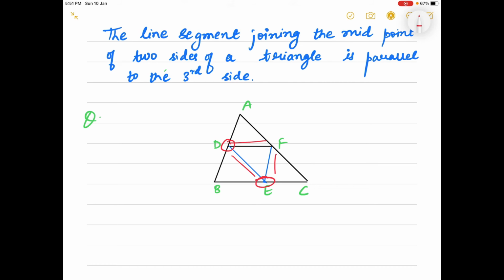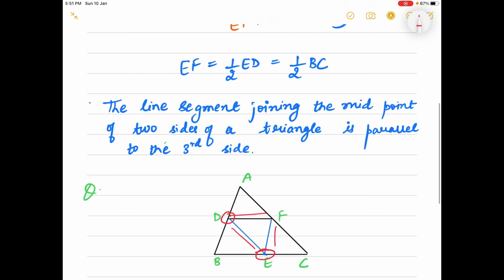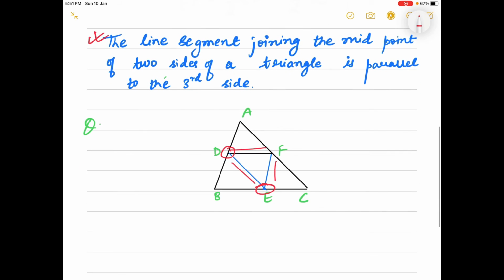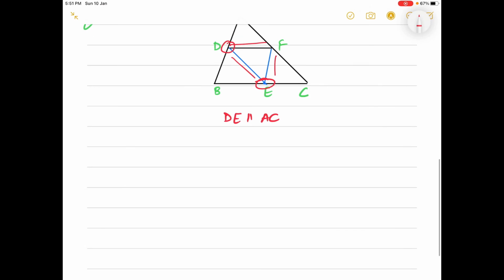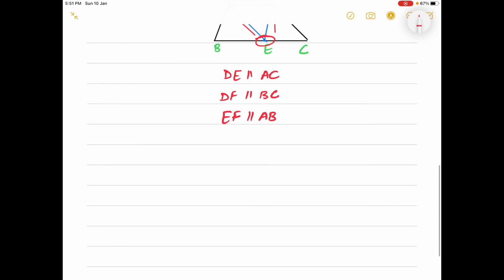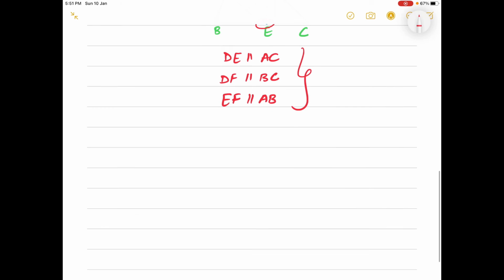So by this theorem, as we have studied earlier, DE will be parallel to AC and DF will be parallel to BC, and also EF will be parallel to AB. So these are the three results we are going to get from the theorem which we have studied earlier.